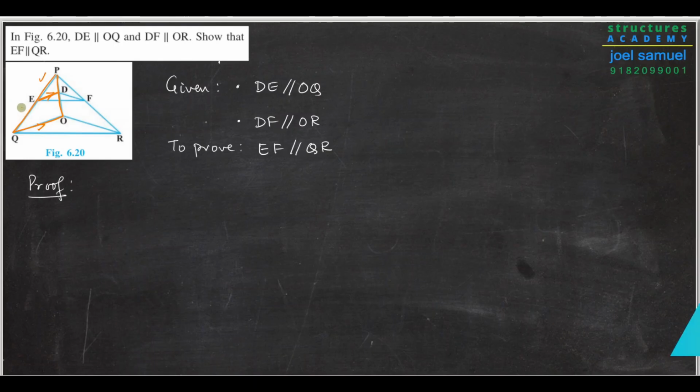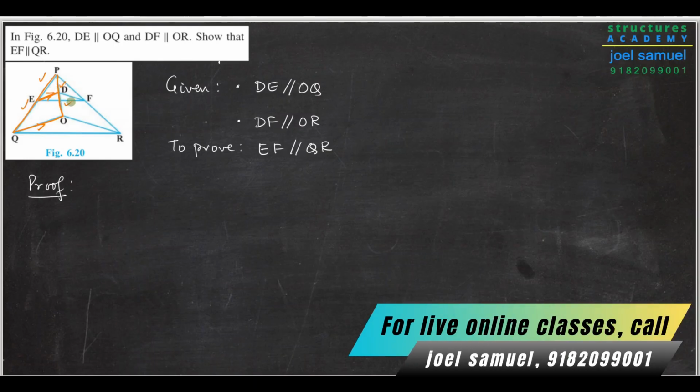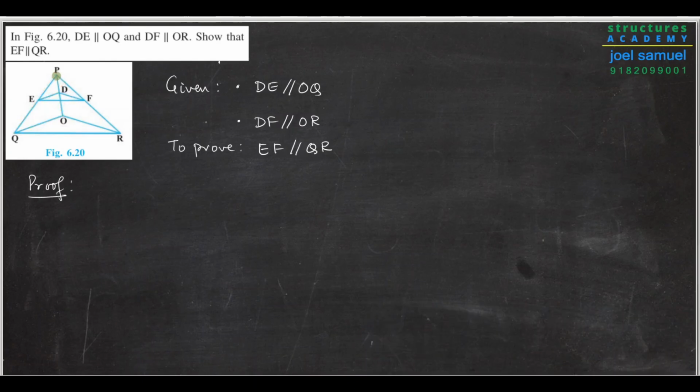means this ratio is equal to this ratio based on basic proportionality theorem. Now we consider the other side of the triangle, which means this one, and we know these two lines are parallel to each other. Again, basic proportionality theorem states this ratio is equal to this ratio.